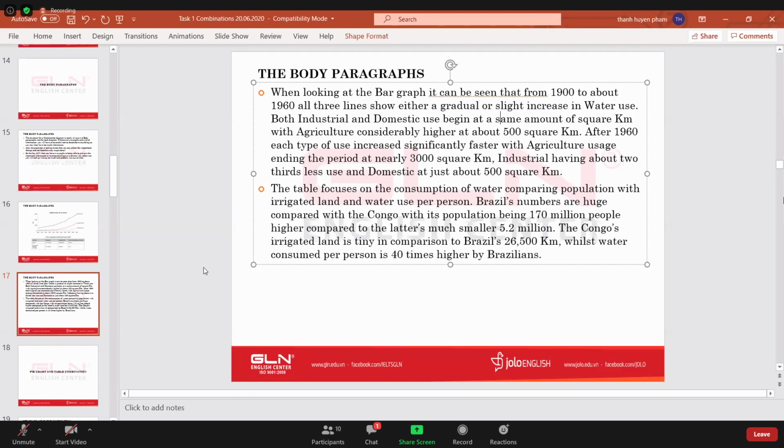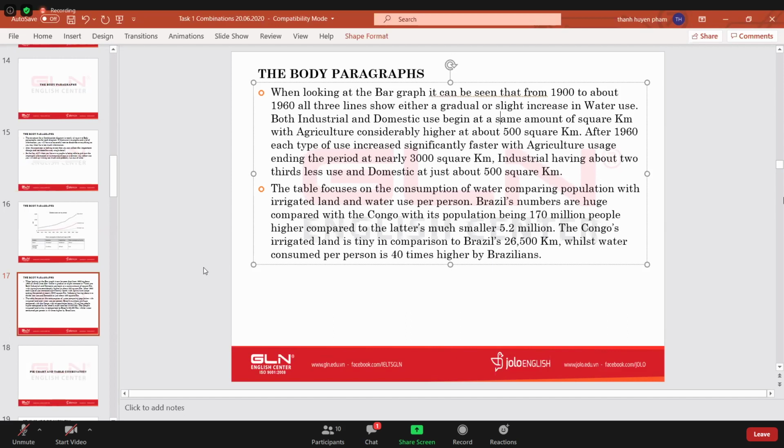When we look at the table, so again, look at the linking phrase, the table focuses on. So the reader knows then what you're going to describe and compare. So the table focuses on the consumption of water, comparing the population with irrigated land and water use per person.